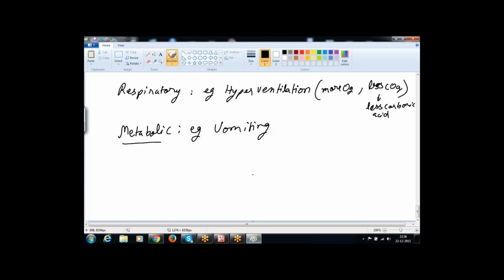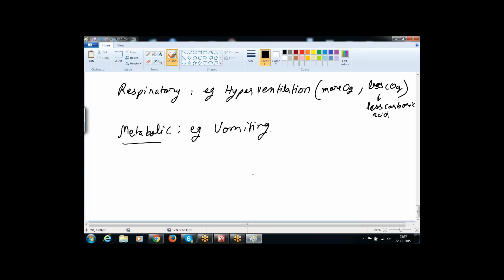Again, the stomach will synthesize more acid immediately. Again, the person vomits, the acid is thrown out. So constantly acid is being thrown out of the body. So the body will be left alkaline.